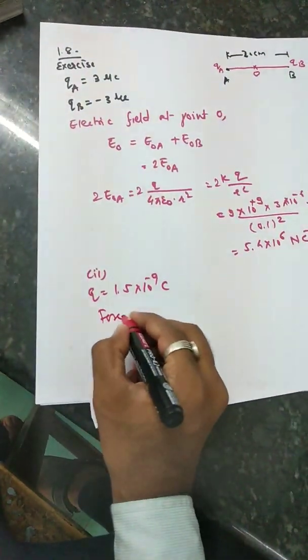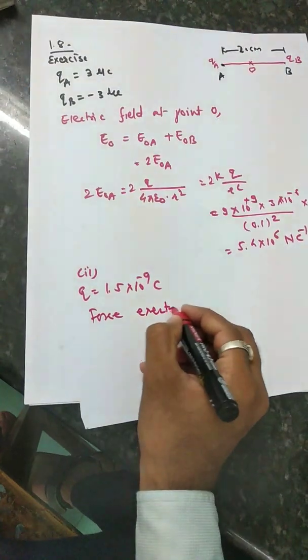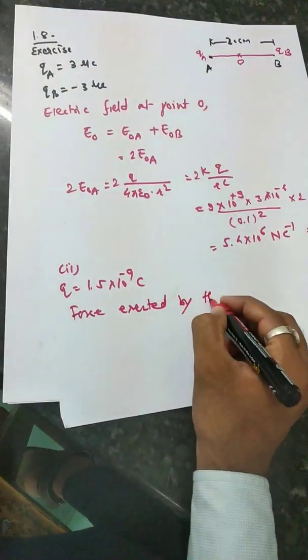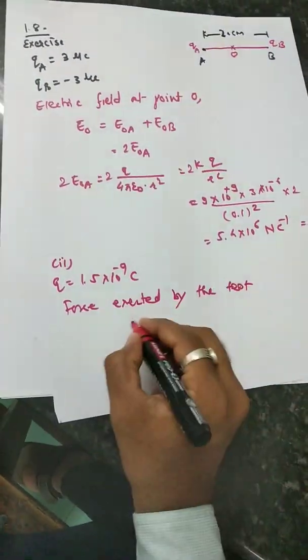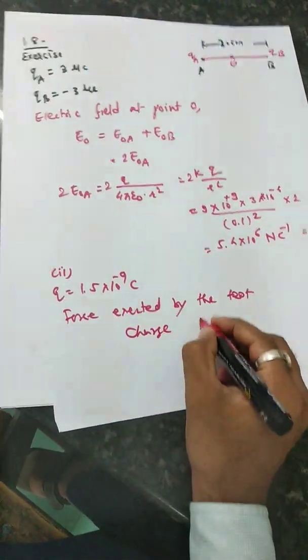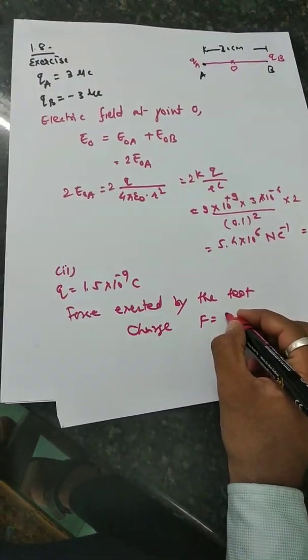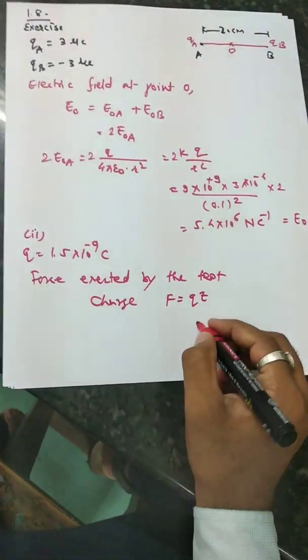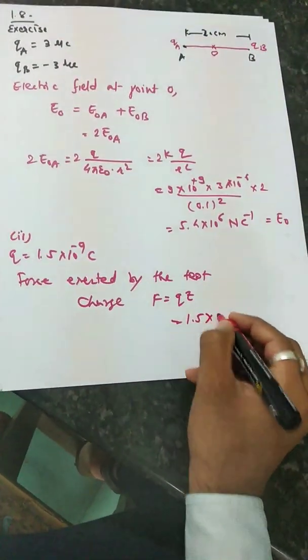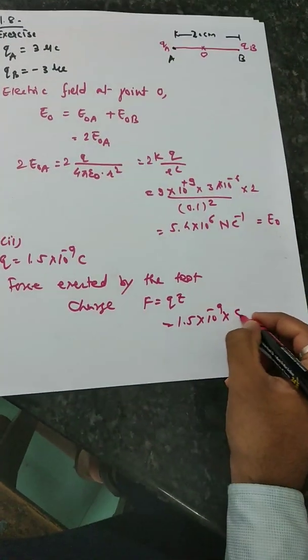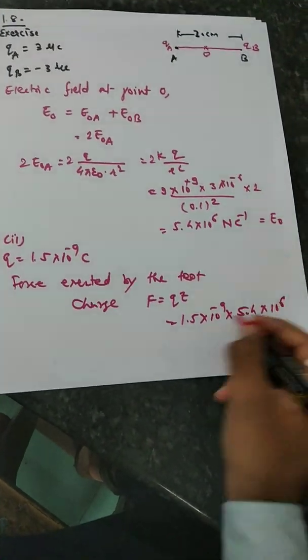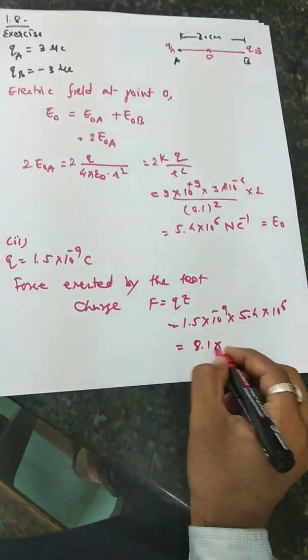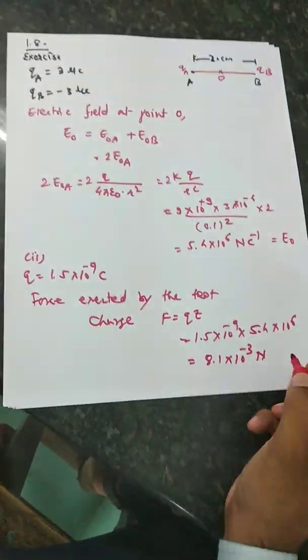The force exerted on the test charge will be F is equal to Q into E. So Q is 1.5 into 10 raised to minus 9, and E is 5.4 into 10 raised to 6. So finally the answer will be 8.1 into 10 raised to minus 3 Newton.